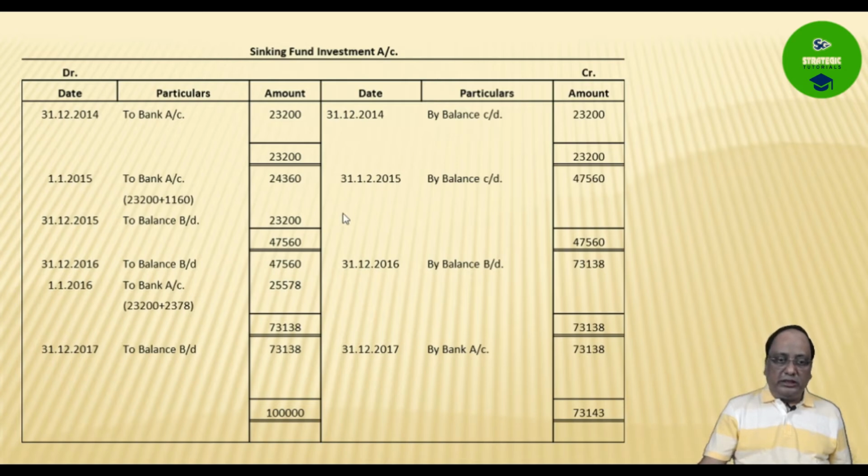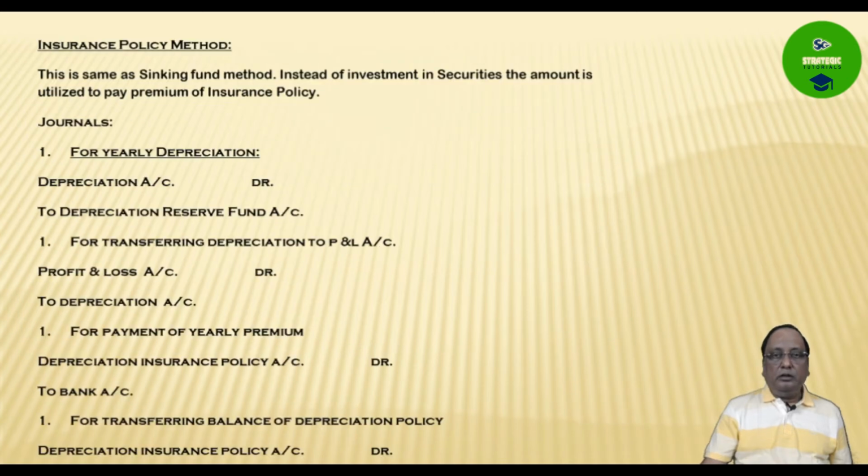So you should do this type of practice, this type of problems, so that you can do it very easily in your professional courses. Next is another one, the same thing just like the sinking fund method: the insurance policy method.